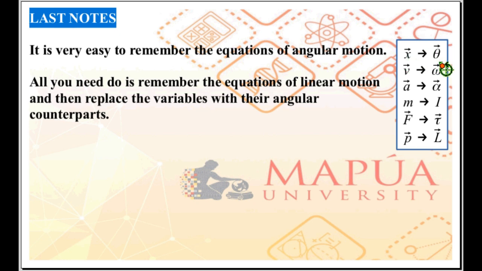Replace x with theta, v with omega, a with alpha, m with I, F with tau, and p with L. You have your angular motion equations. So again, it's very easy to remember the equations of angular motion for the most part, as long as you remember your linear motion equations. Of course, you can always go about it by rote memory.